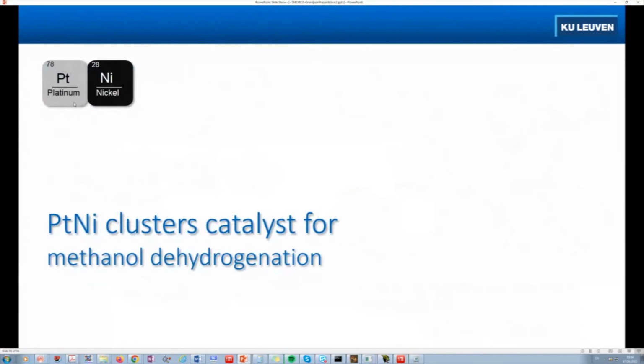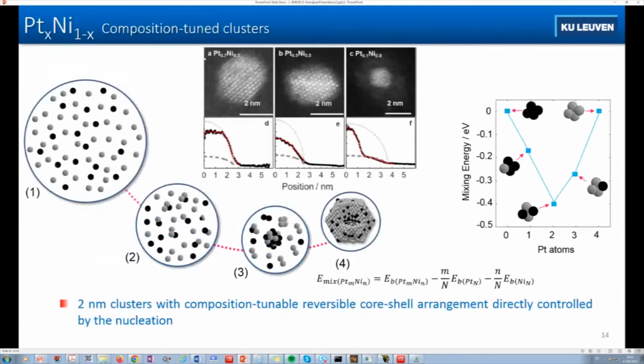So this is the last part I wanted to show you: we made platinum nickel for the methanol dehydrogenation. We made 3 different compositions, and you see the same principle as silver gold. You see here that the platinum, which is the heavier element, is in the core, and here the core is a bit darkened because the nickel is probably in the core, and then you have an alloy.